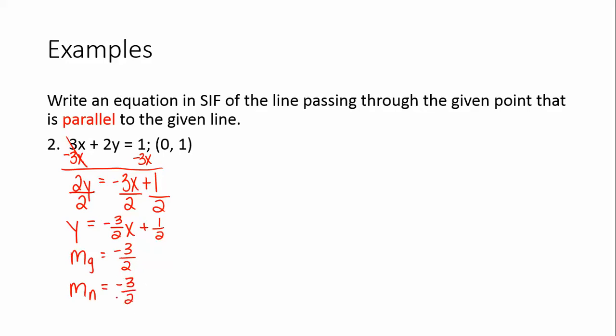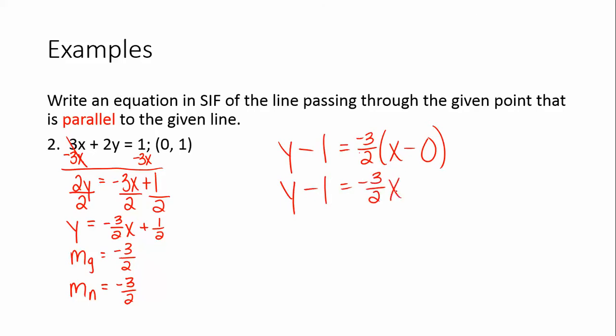So we're going to use this slope, the point that our line goes through, and we're going to write the equation in point slope form. Remember, it's y minus y1 equals m times x minus x1. So now we're going to distribute and solve the equation for y because we're supposed to write the equation in slope-intercept form.